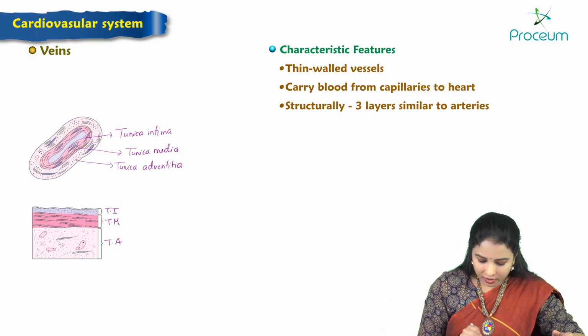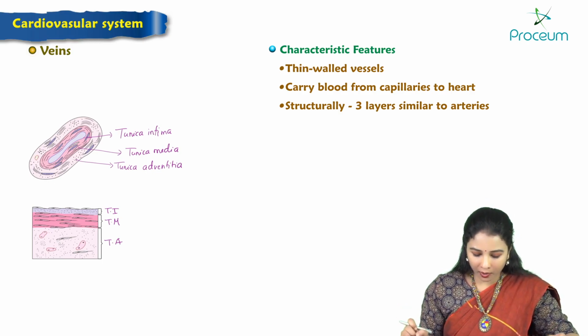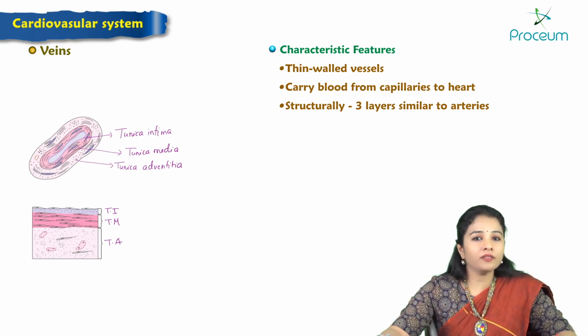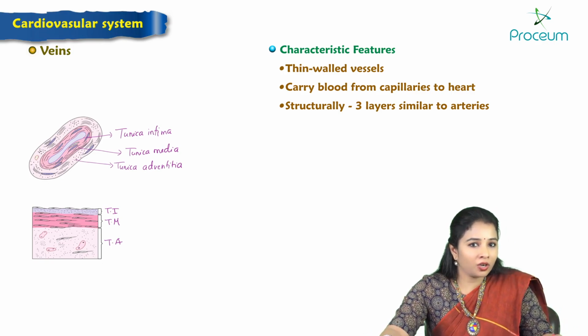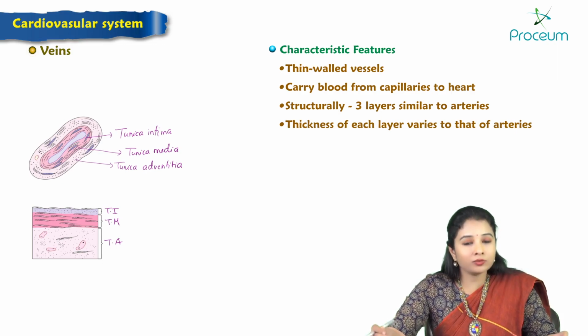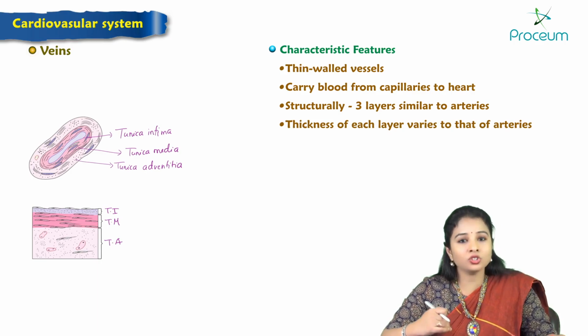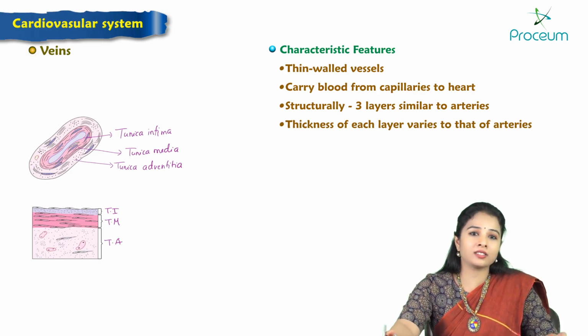Tunica media consists of muscle, but it is comparatively thin compared to tunica adventitia. So structurally the veins have 3 layers similar to arteries, but the thickness of the layers varies: in the arteries the tunica media is the thickest layer, and in the veins the tunica adventitia is the thickest layer.